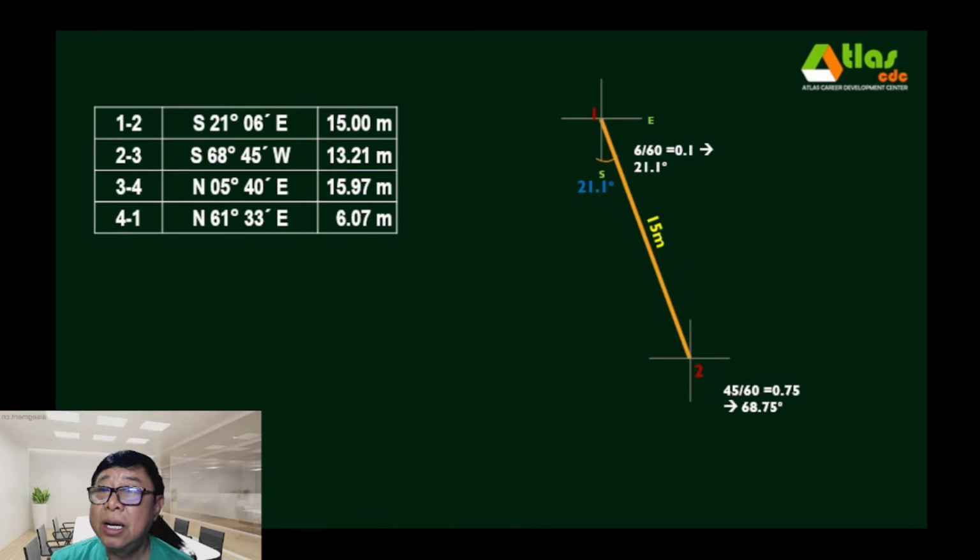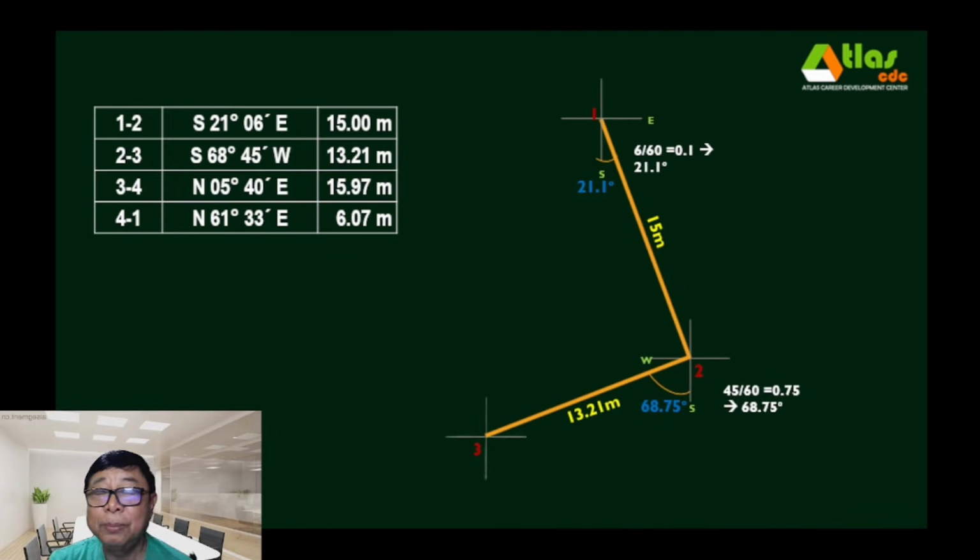And then the direction is south going west, so that is a clockwise direction from the south axis going to the west axis. That is your angle of 68.75 degrees with a length of 13.21 meters going to point 3.